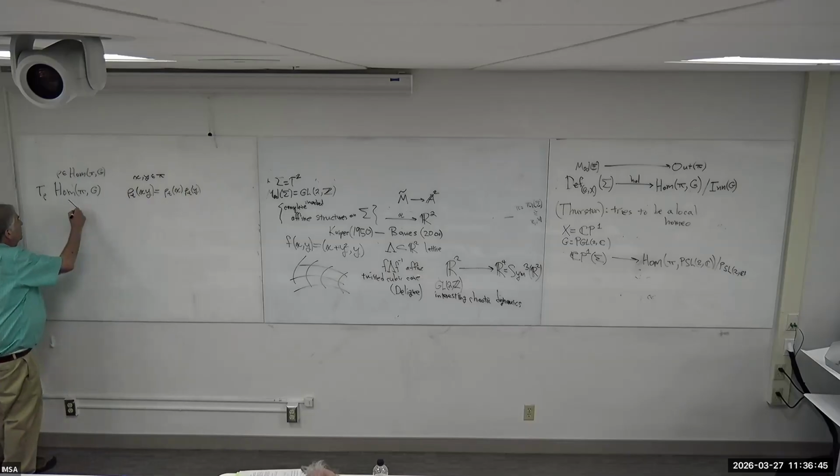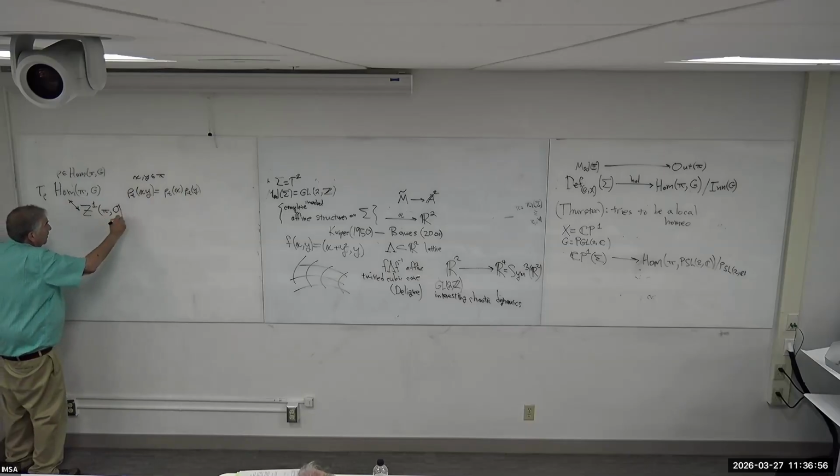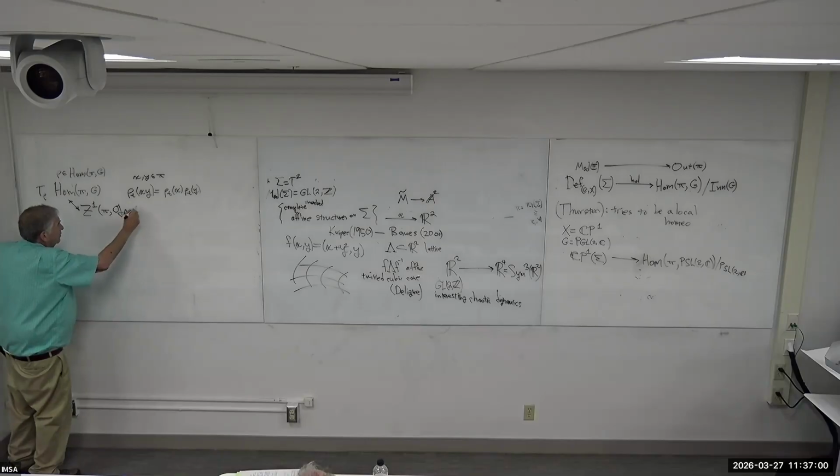The tangent space is easily seen to be the space of Eilenberg-MacLane one-cocycles of pi with coefficients in the pi-module given by the Lie algebra of G, twisted by the adjoint representation of rho.